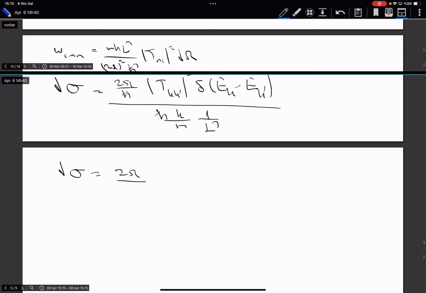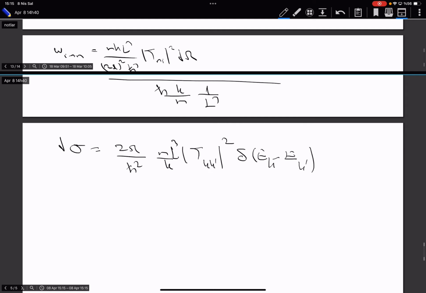That gives 2 pi over h bar squared, m over k, T_k k prime squared, L cubed. So this is what I obtained for the cross section.